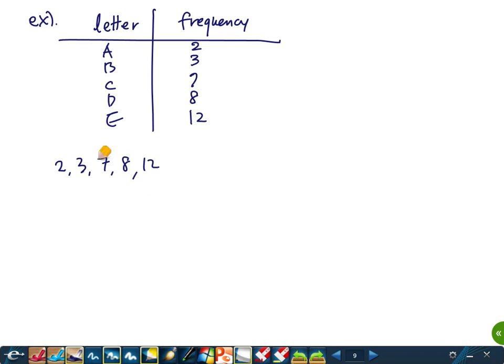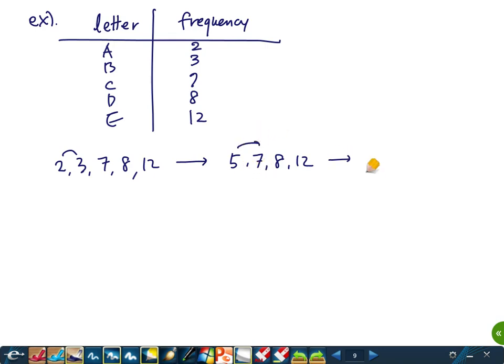But because we have more than 2, we will merge these two together. So if you add this, you get 5, 7, 8, 12. So we will first find the Huffman tree for these frequencies. But again, we have more than 2, so merge the two smallest ones. If you add these two together, we get 12, right?